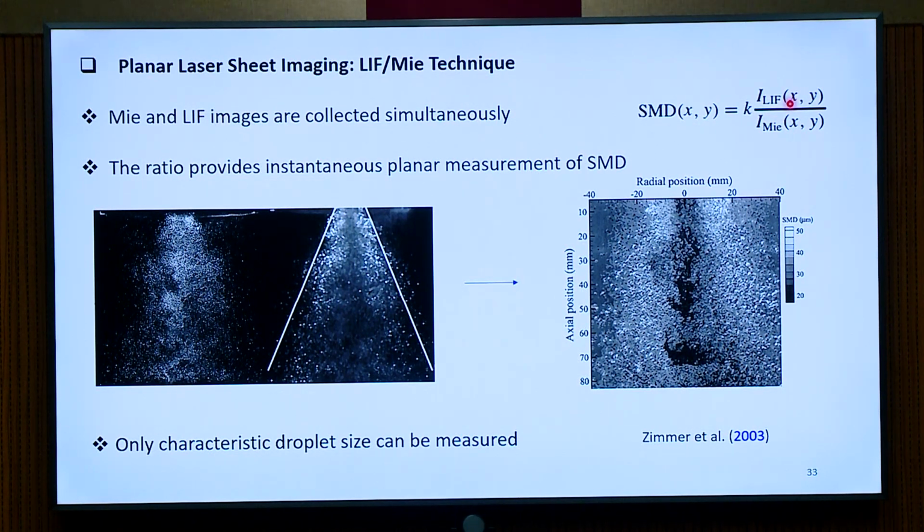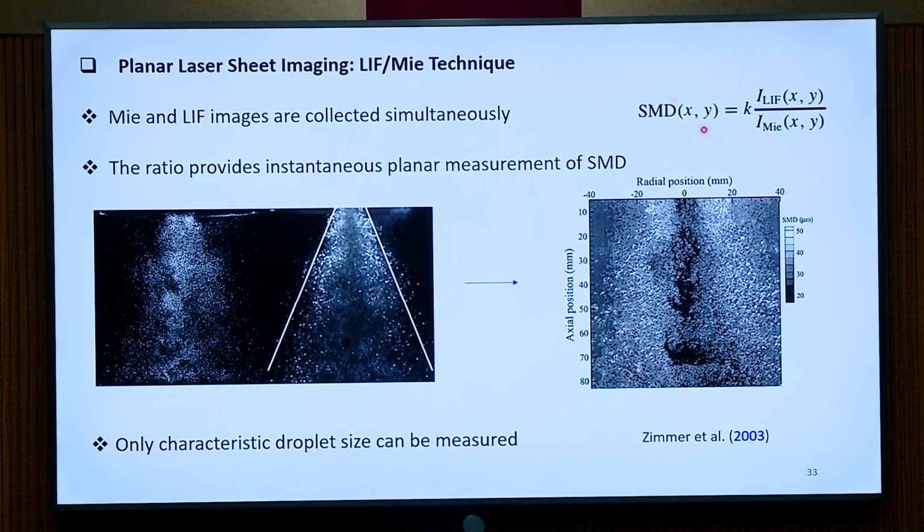So the ratio of that can give the Sauter mean diameter. So this principle is exploited in this technique, which is known as planar laser sheet imaging or planar laser droplet sizing technique. But this can only give Sauter mean diameter, which is basically a characteristic size. It won't give you the size distribution.